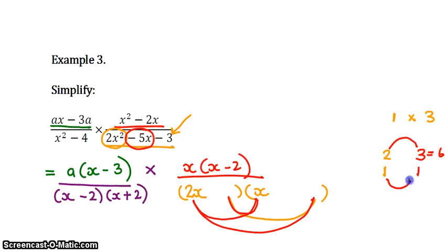And if I did 1 times 1, I could get 1. Can I somehow add those together to get 5? Yes, I can. Now I want minus 5. So that means I want minus 6 plus 1, which means my 2 needs to be multiplied by minus 3. There we go. And my positive 1 needs to be multiplied by 1.